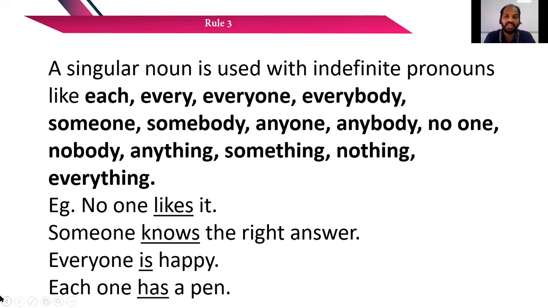These indefinite pronouns are always considered as singular. We can find examples as well. Everyone, everybody, nobody, somebody, something, anything, everything, all these are considered as singular, so we have to use a singular verb along with it.